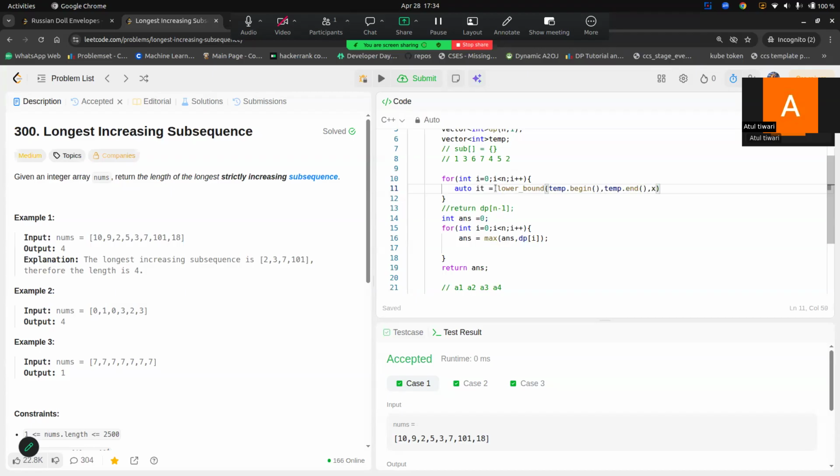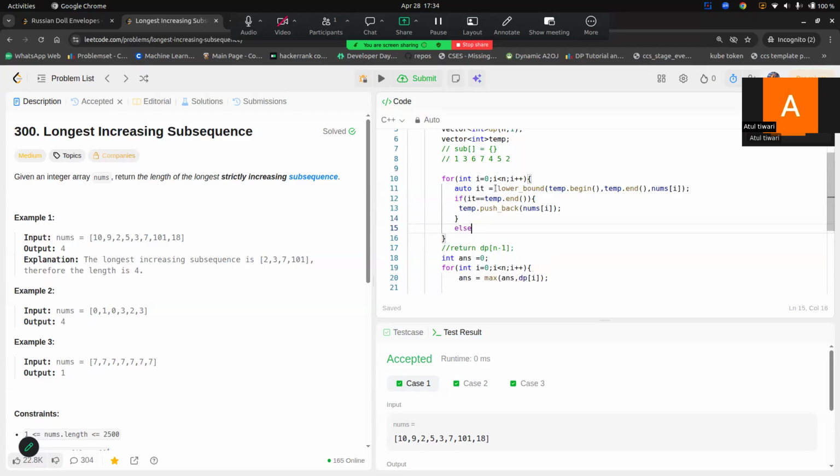If it is temp dot end, it means all numbers are smaller than it, so just temp dot push back nums[i].